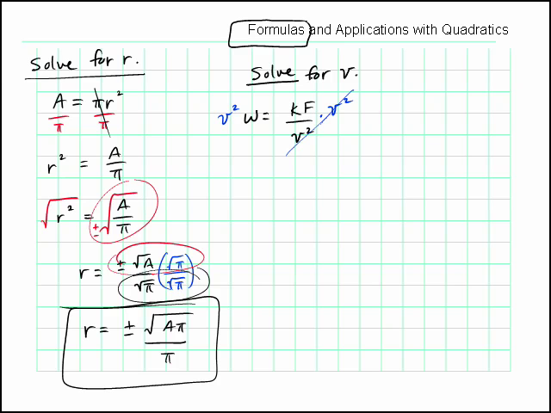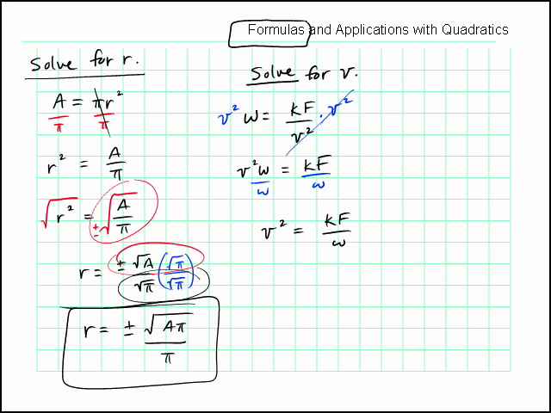These will then cancel, and I now have v squared times w equals kf. The next step is to divide both sides by w. Divide by w, divide by w. V squared equals k times f over w.